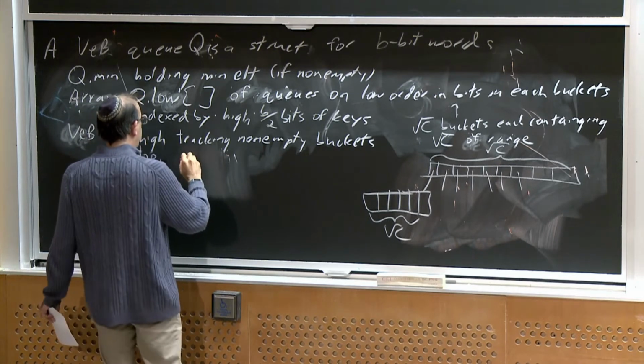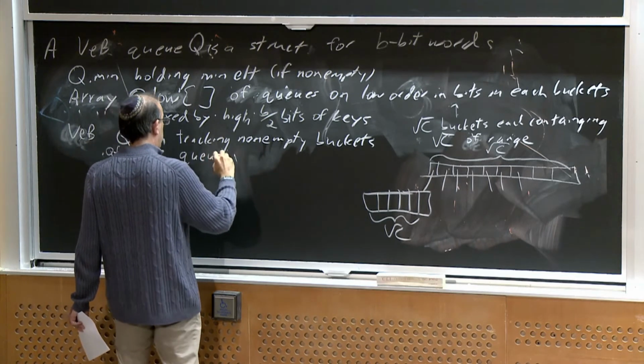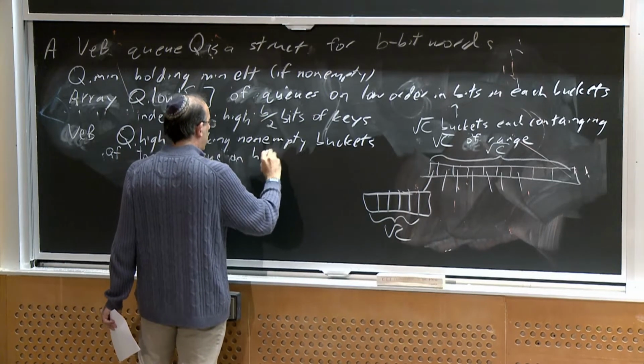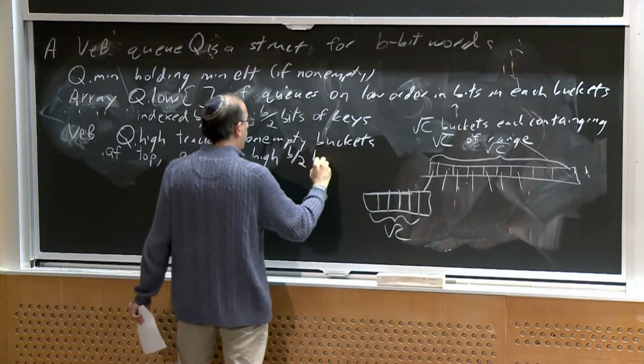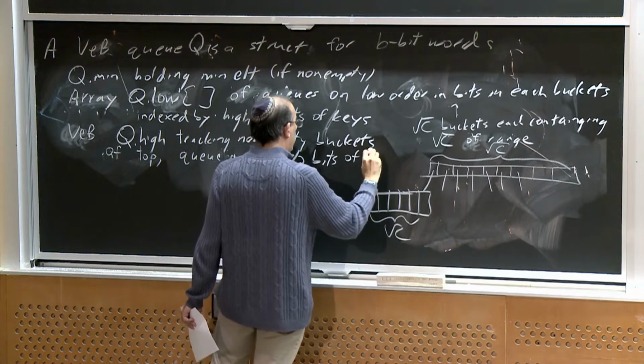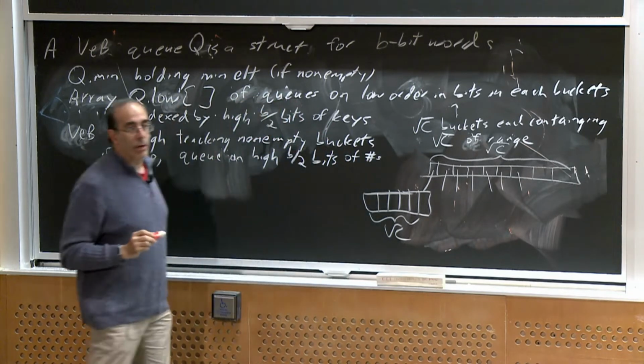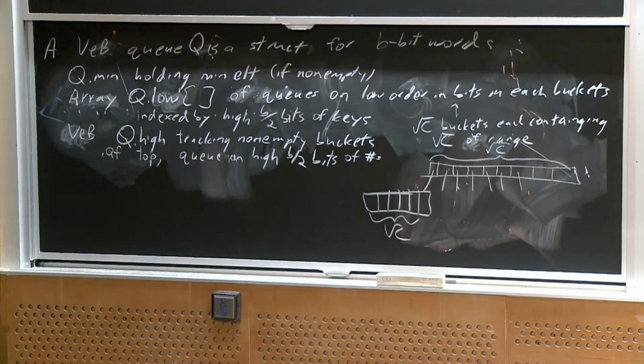So this is a queue on the high b over 2 bits of the numbers that are in your priority queue. Make sense?